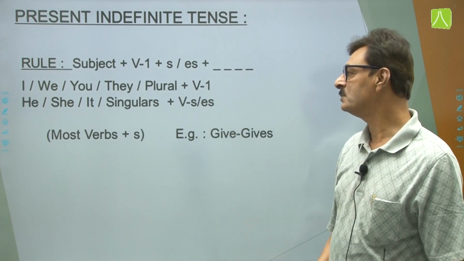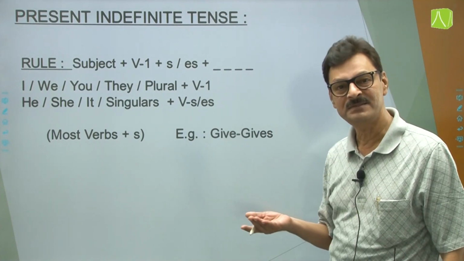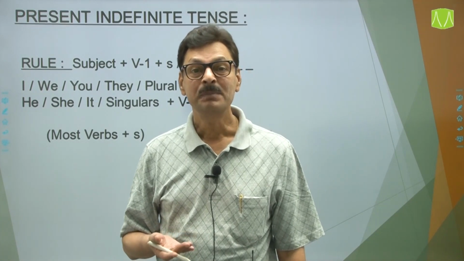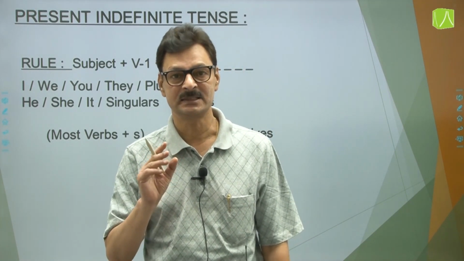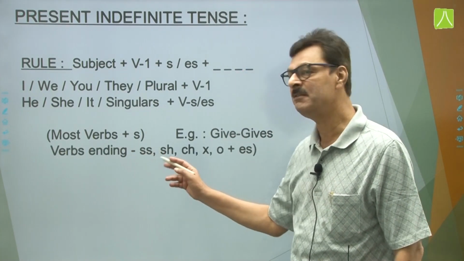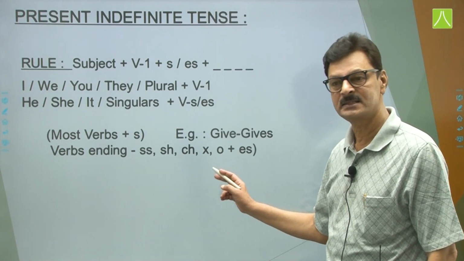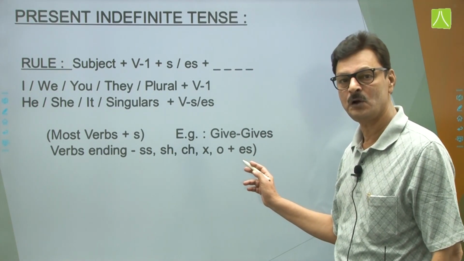Now, most of the verbs will always have S, that is give, gives, take, takes, play, plays and so on. But now, where do you add ES along with the verb if it is third person singular? So, verbs ending with SS, SH, CH, X, O will always take ES form along with it.